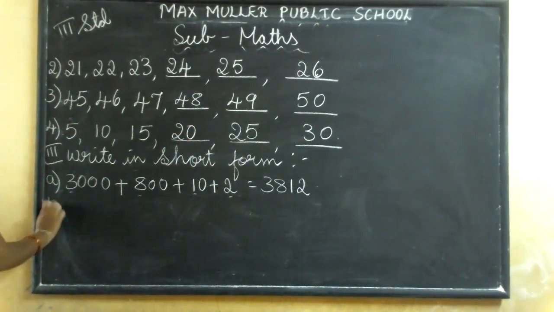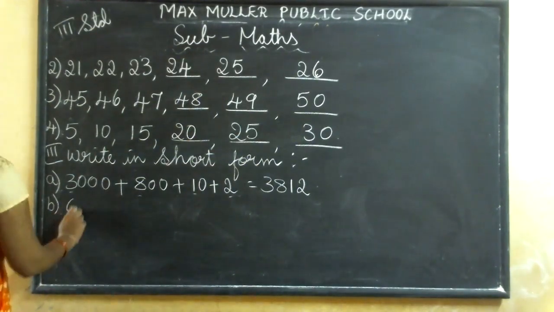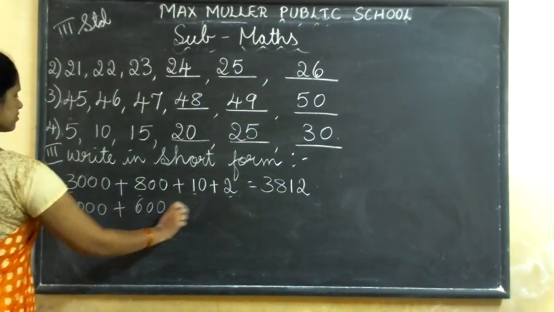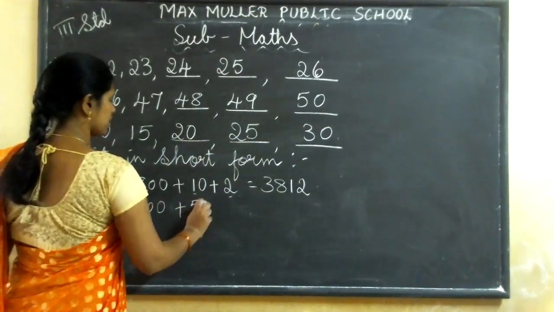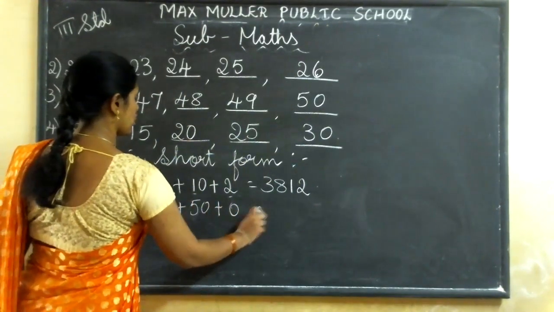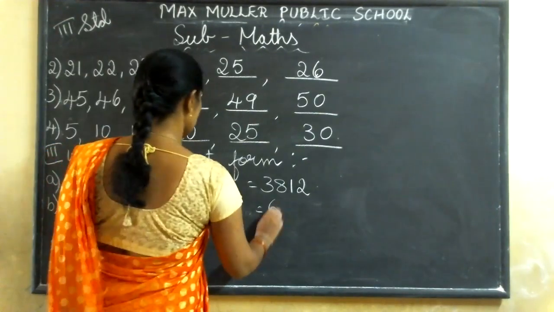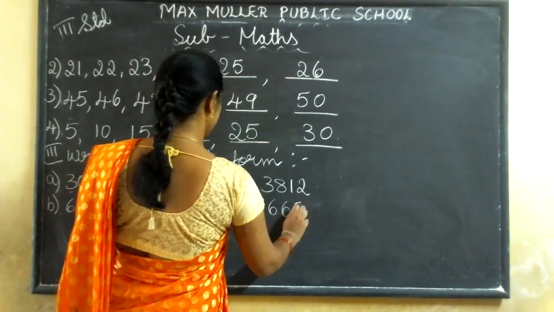Next, second one: 6,000 plus 600 plus 50 plus 0. So, 6,650.